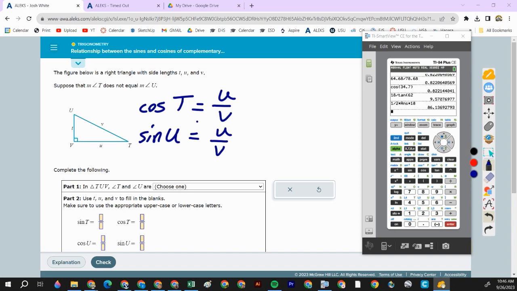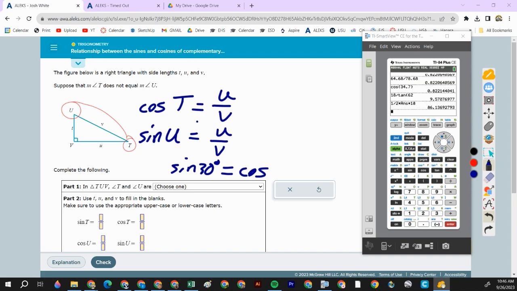Well, how does angle T compare to angle U? What do I know about T and U together? They're complementary. They add to be 90. So the sine of 30 degrees is going to be equal to the cosine of 60 degrees.